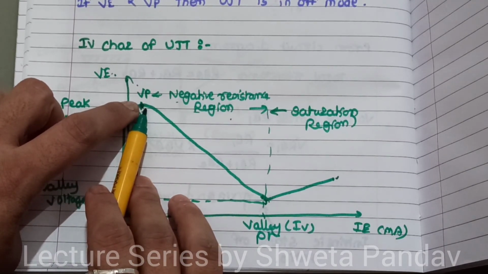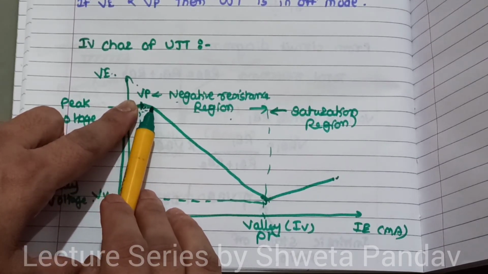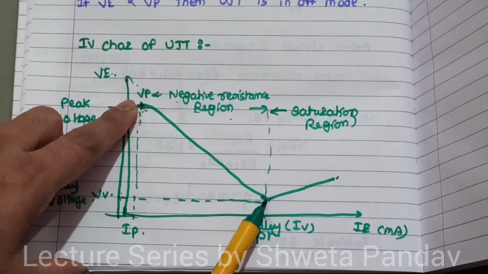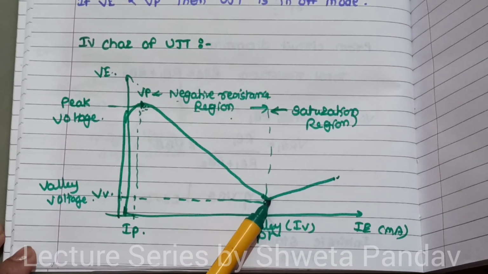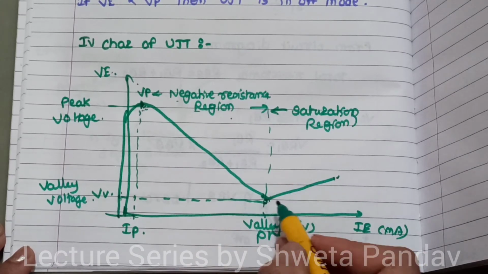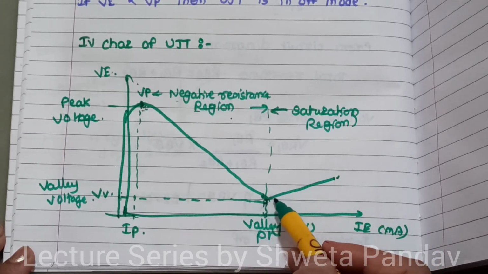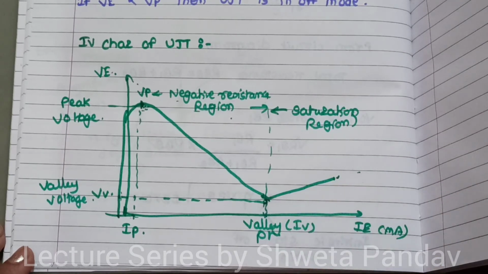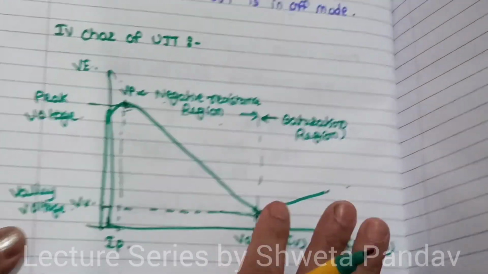As our India's roads are not plain or smooth, because of the hurdles the speed of the bus will decrease, and this valley point is nothing but the college stop. At that point the bus will stop for 10 minutes, so all passengers, students and teachers, will leave the bus. After dropping all the passengers, our bus will start increasing its speed from the college point to pick up the next students for the next hours. So this is all about the IV characteristic of UJT.